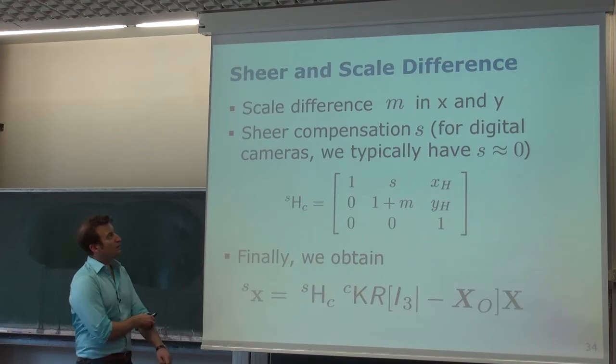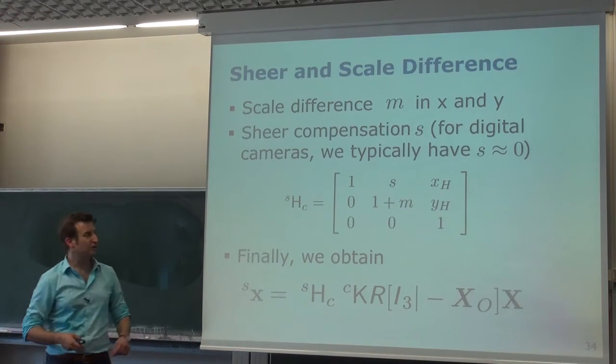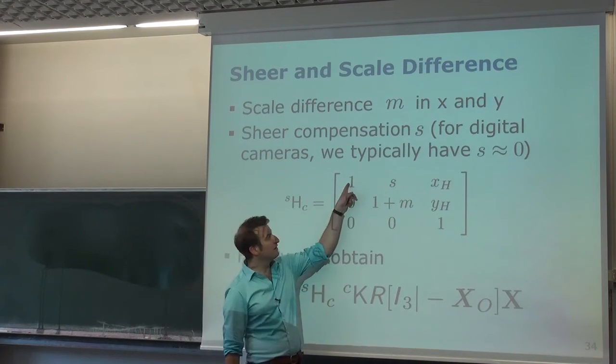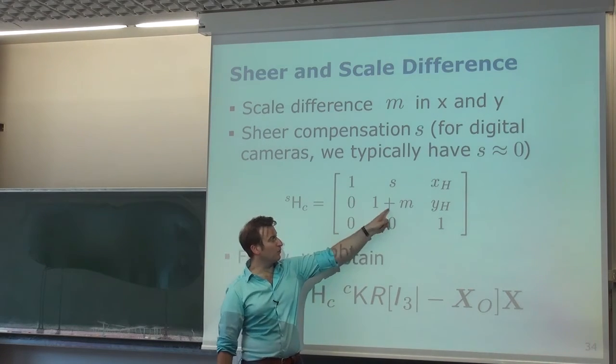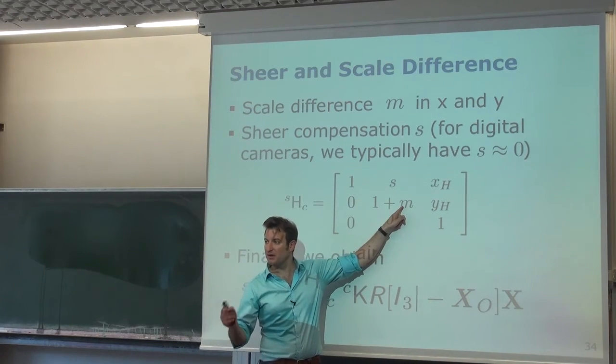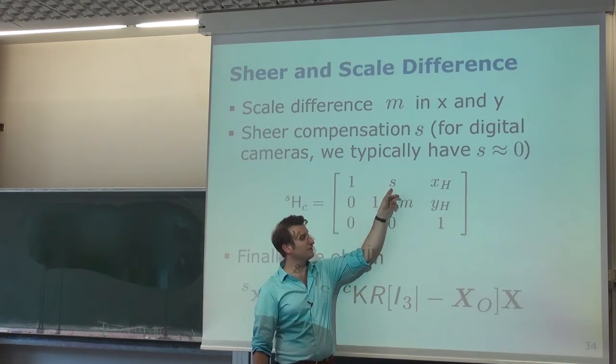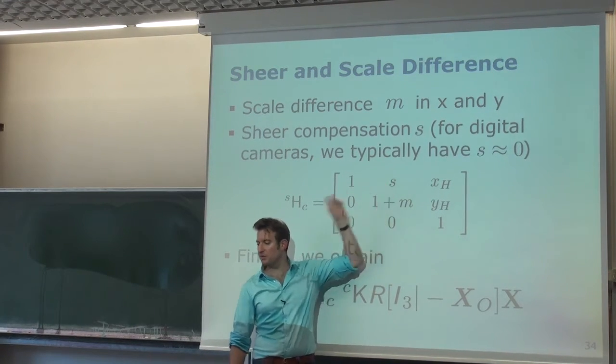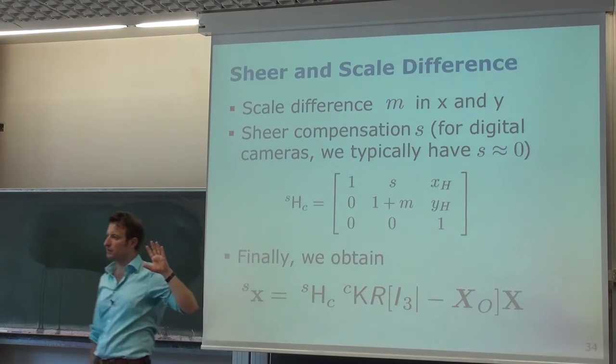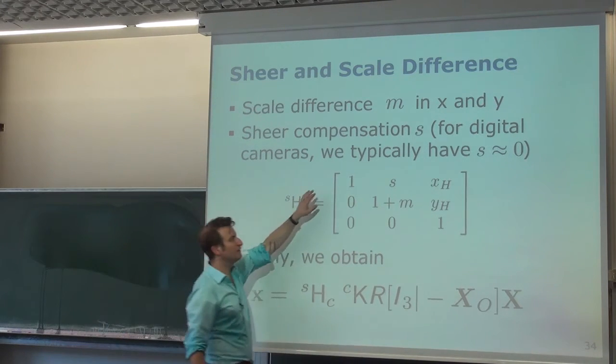In case we have a scale difference in x and y, we just put on the main diagonal a 1 and a 1 plus m, so m tells me the difference in the scale of both. And I may have an effect of a shear in there, although this is typically 0 for all digital cameras. It takes values around 0.